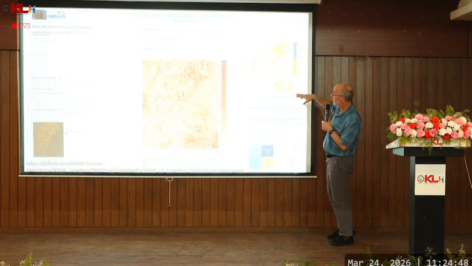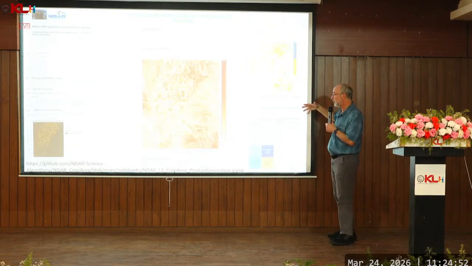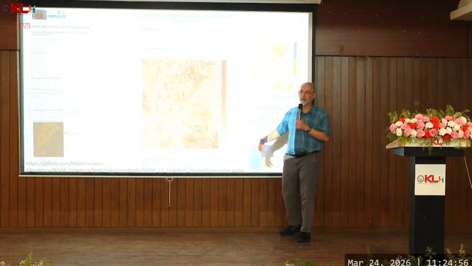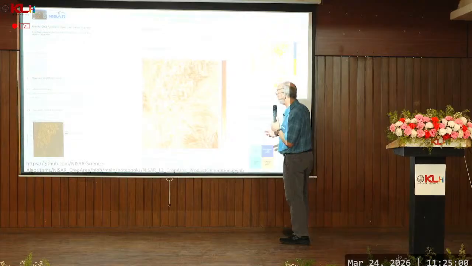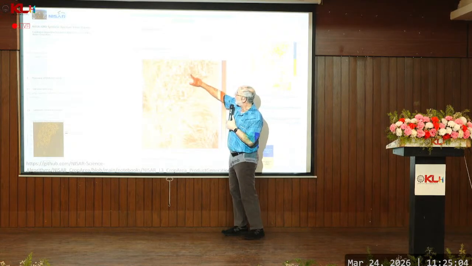This was done early on, back in October of last year, right after we were starting to get data. So there were only, I think, two scenes available for this coefficient of variation. But even with two scenes, you can start to see that in some areas you get more substantial variation.